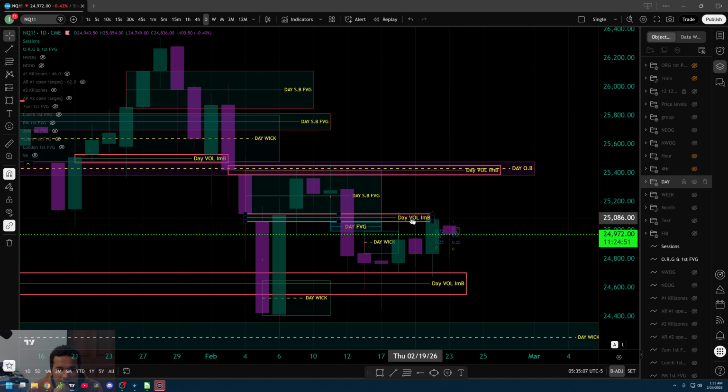Last week's high respected the volume imbalance. These days respected that fair value gap. These bodies respected that wick. Suspension block.